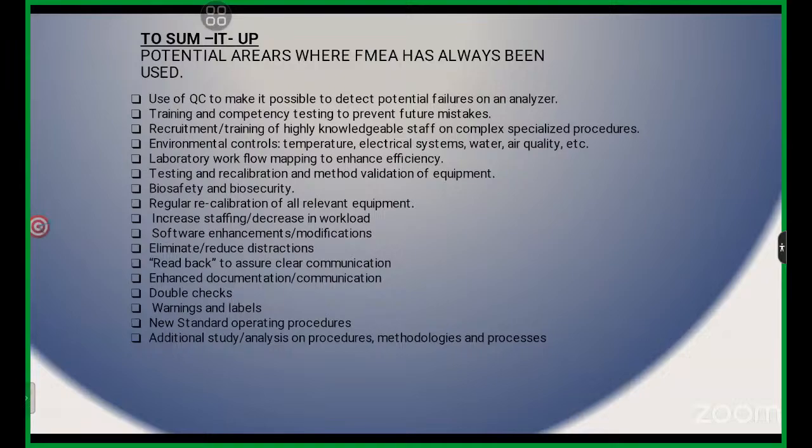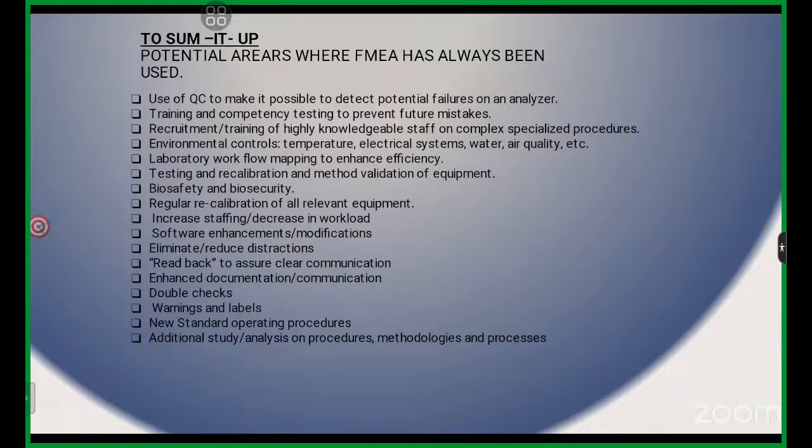You need to eliminate and reduce distractions. Yes, because in the lab, there are protocols that must be followed for the team to work efficiently. Distractions have to be avoided.